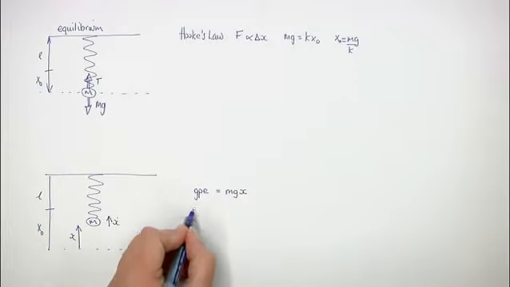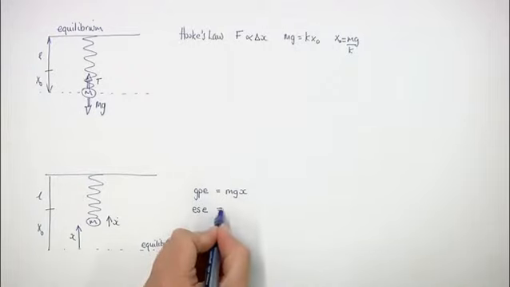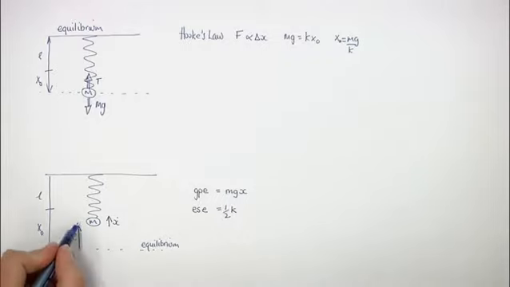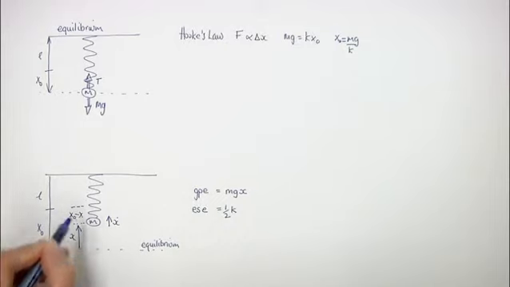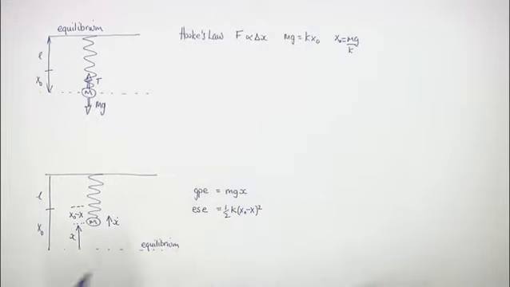It's got elastic strain energy, and the elastic strain energy is given by a half k times the extension squared, and the extension when the displacement is x is given by x0 minus x. And finally, it's got kinetic energy, which is equal to a half m x dot squared.